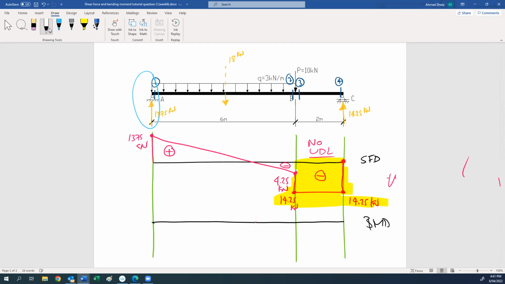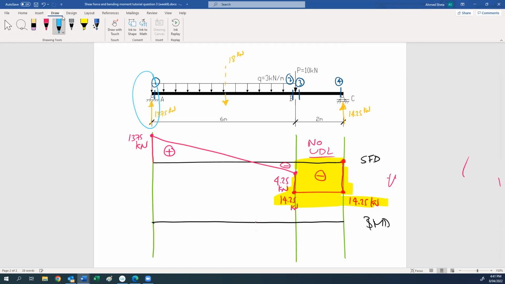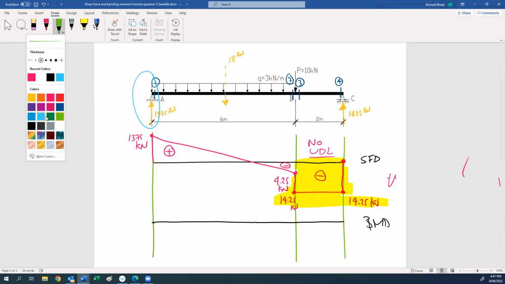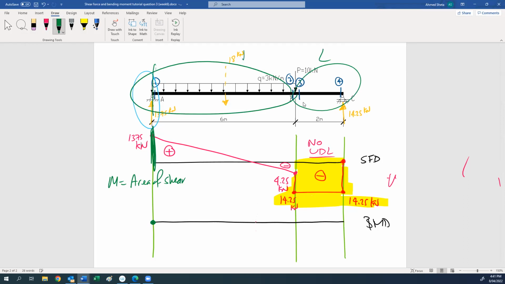Okay, now how can we calculate the moment at section 1? At section 1, this is the section. So how much is the area of shear here? Again, to remind you, moment is equal to the area of shear. So the area of the shear diagram at 1 is 0. The second section is section 2. Section 2 divides the beam into two parts, left and right.